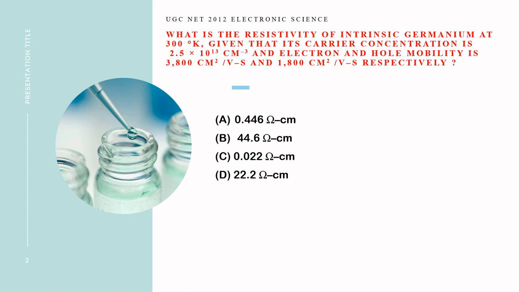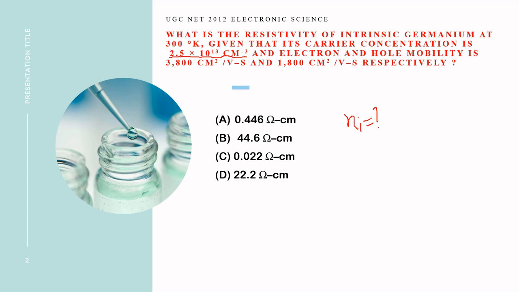What is given in this question? In this question, the given value is Ni, that is the intrinsic carrier concentration. The Ni value is 2.5 into 10 to the power 13 per centimeter cube.